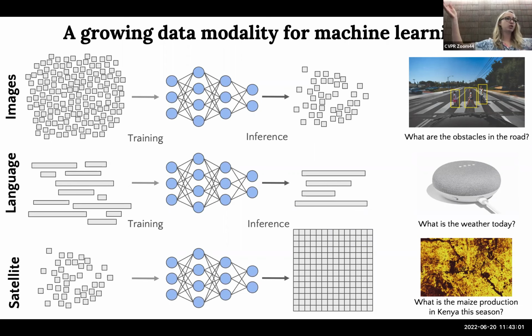We want to make predictions about where maize is growing or what the expected yield will be in these maize fields. When we make these predictions, we stitch them all together to create a map. And that is the output information that's given to end users to answer questions like, what is the maize production going to be in Kenya this season?